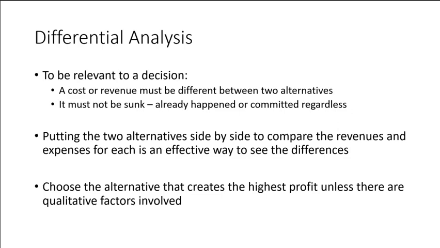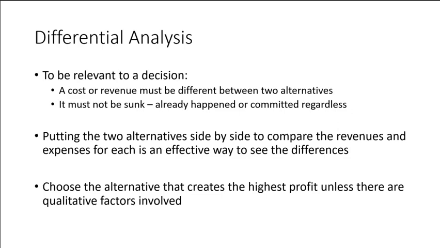When we only look at the ones that are different, that's referred to as differential analysis. So if you make choice A and it has a cost, but if you make choice B and it doesn't, that's a relevant cost, meaning we wouldn't have it if we made one choice, but we would have it if we made the other choice.